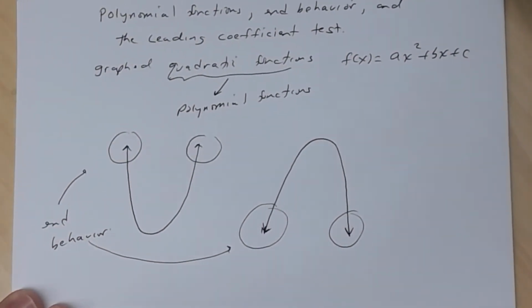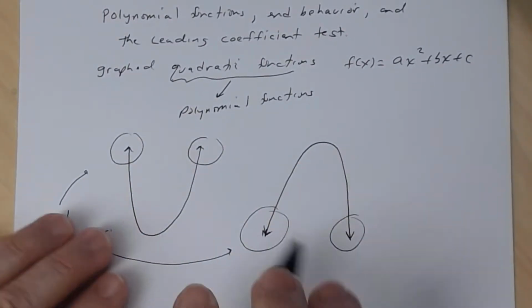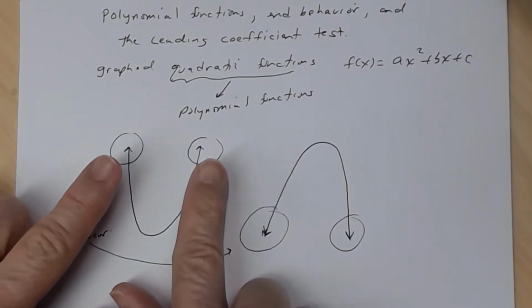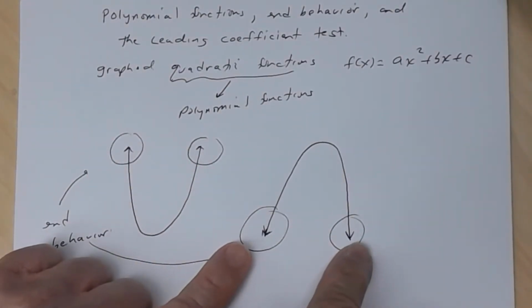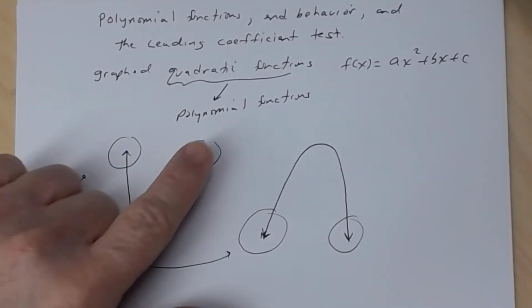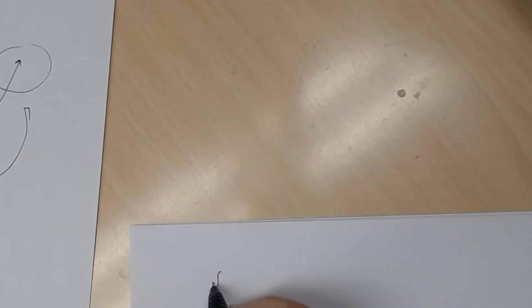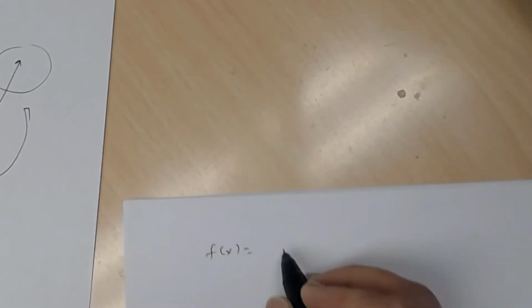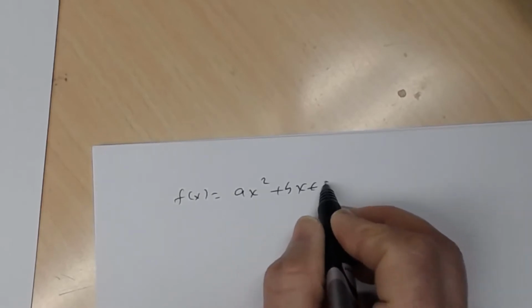Now let's go back to the quadratic function and talk about what made this parabola rise and what made this parabola fall. That's going to help us with these polynomial functions. Let's look at this again. I'm going to write the quadratic function ax squared plus bx plus c.